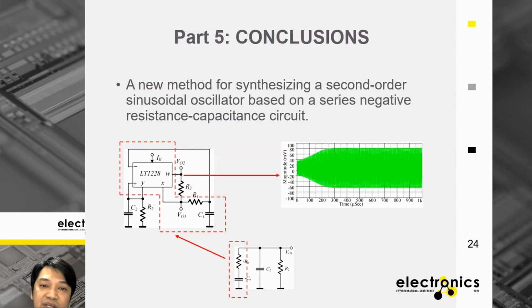Now we turn to the last part, the conclusion. This paper presents a new method of synthesizing a second-order sinusoidal oscillator based on a series negative resistance and capacitance circuit. A new series negative RC simulator has also been proposed for forming the sinusoidal oscillator.